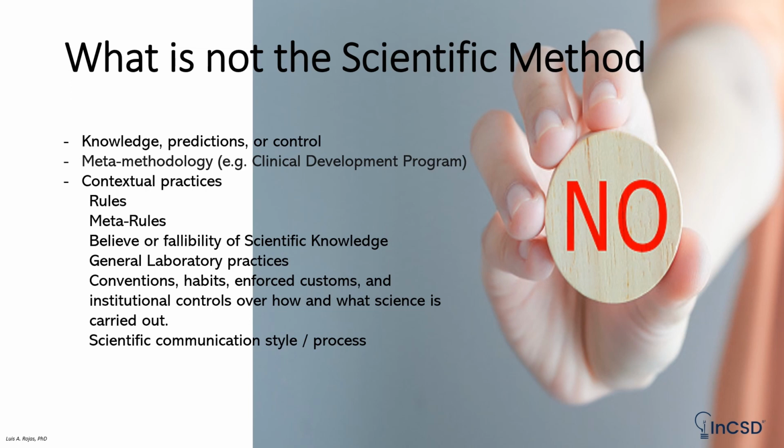The method itself is distinct, to some degree, from the detailed contextual practices through which methods are implemented. Contextual practices might range over, for example, science-specific laboratory techniques, statistical formalism, or other specialized language used in description and reasoning.